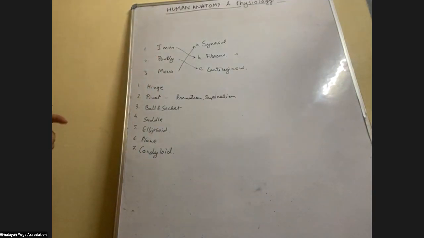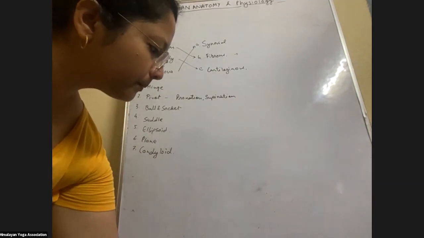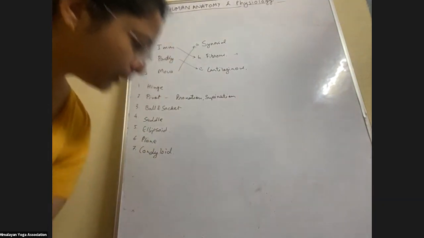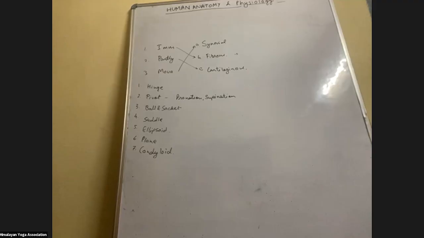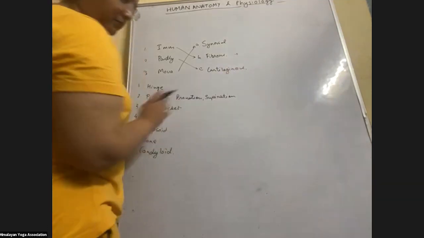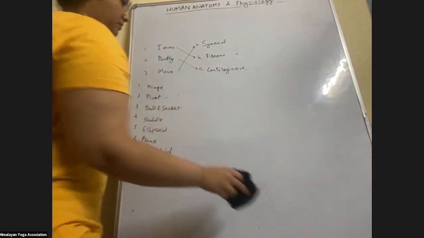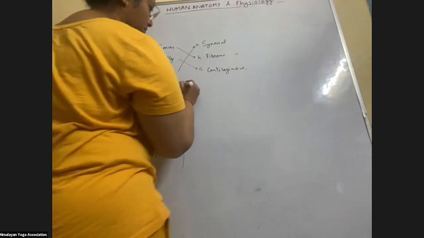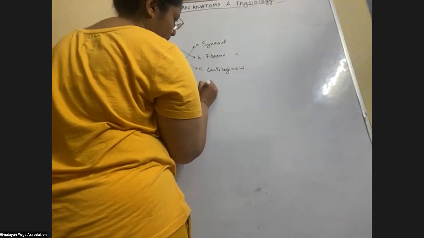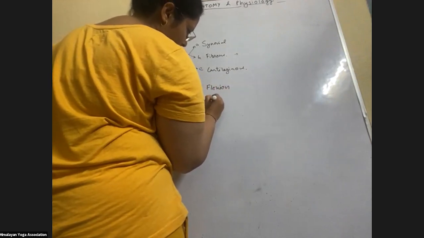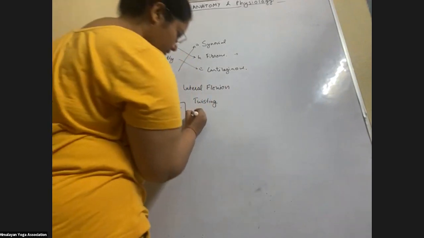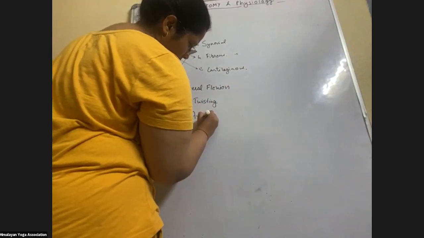All right. Now let's move forward. We did lateral flexion yesterday. Yes, we did some movement of the spinal cord, and those are lateral flexion, twisting, and axial extension.